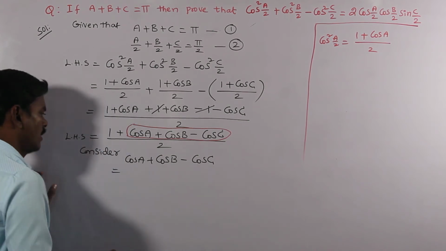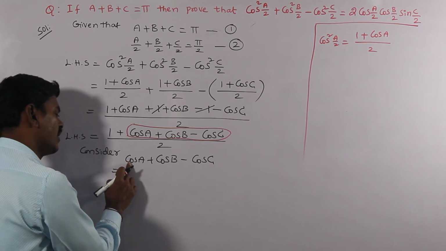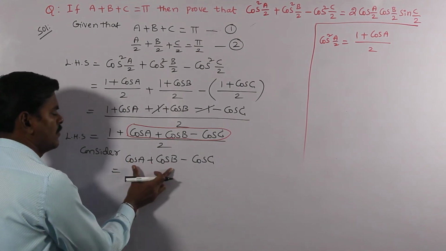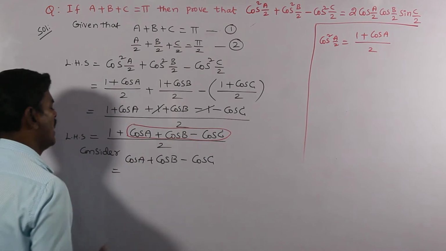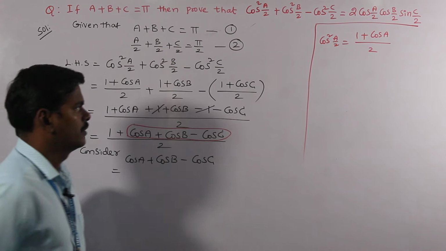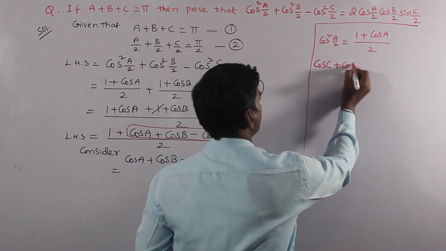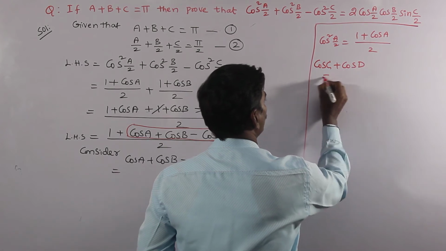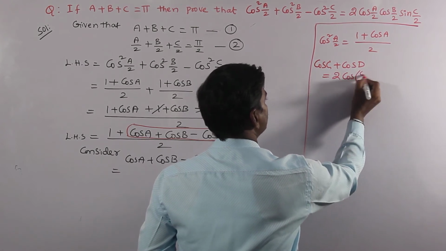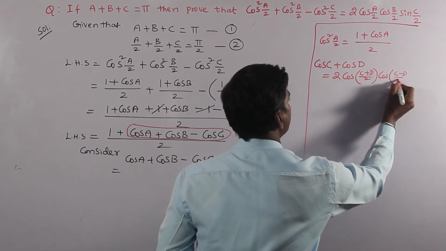Okay. Now how to proceed with this simplification part? Clearly it is in the form of cos C plus cos D. We have a sum of ratios, and we should write a product of ratios. So let us remind the cos C plus cos D formula. Cos C plus cos D equals 2 cos of C plus D by 2 into cos of C minus D by 2.